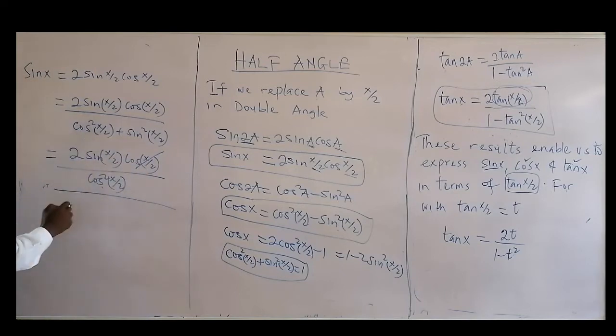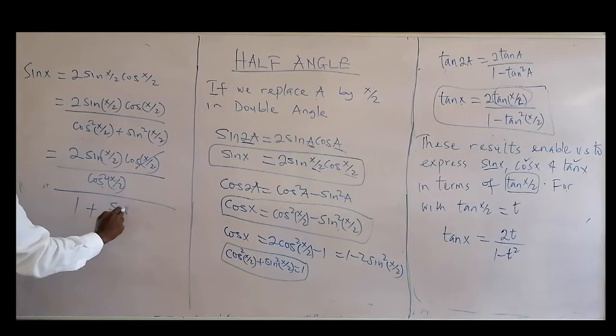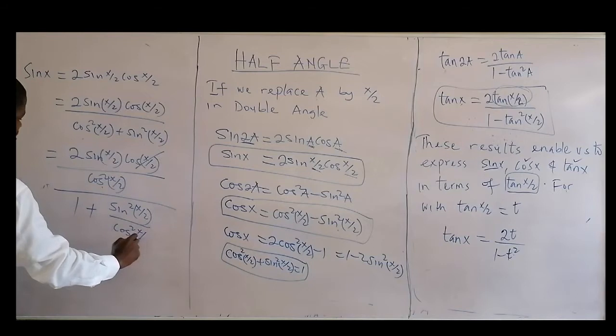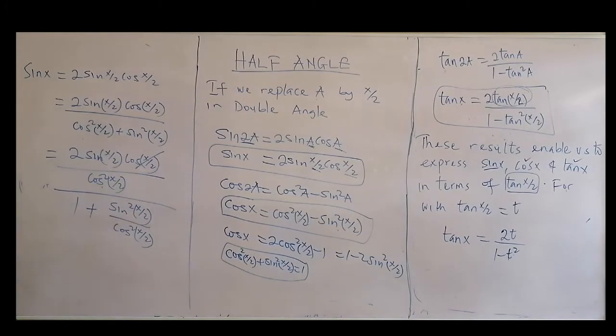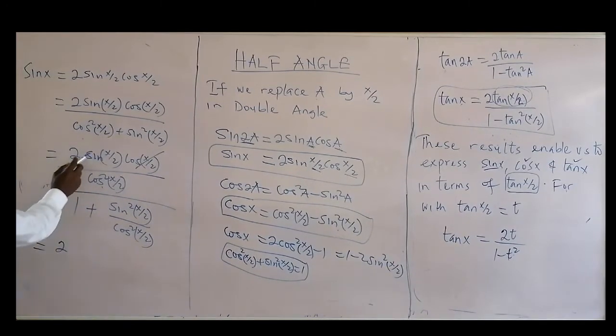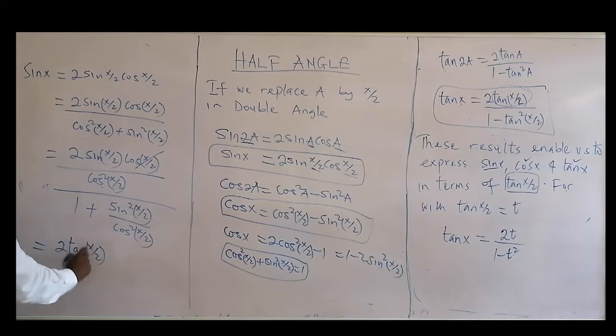So here it will be 1 plus sine square x over 2 over cos square x over 2. And that will give us 2 tan x over 2, because sine over cos is tan.